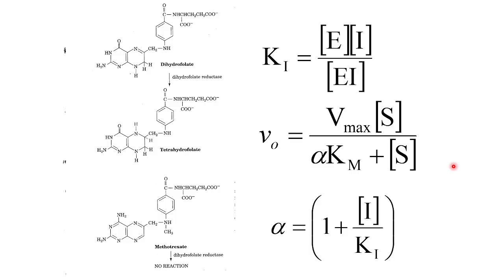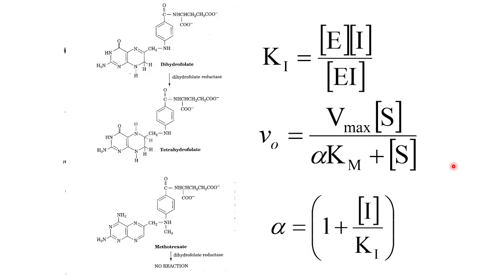So the enzyme kinetics is more similar to what we saw previously. Here you have the Ki, that is for the inhibitor, the rate for the inhibitor pathway, where Ki is from the reactant to the enzyme inhibitor complex. So that's the rate of formation, which is equal to the enzyme concentration times the inhibitor concentration divided by the complex concentration.